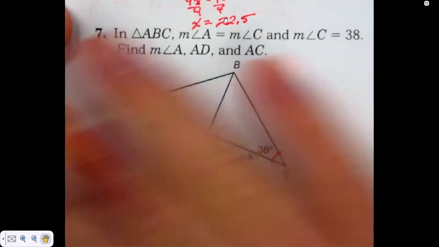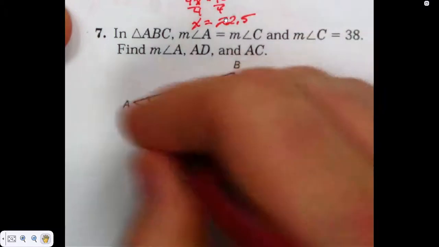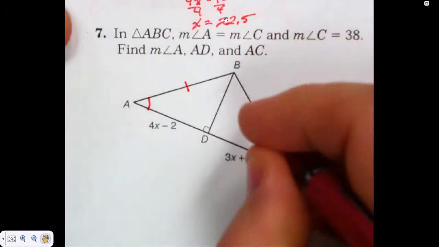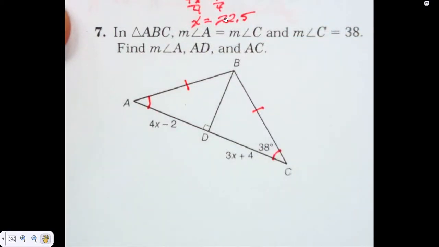What does that tell you right now before you go on? That this big triangle is a what? Okay. The measure of angle C is 38. Find the measure of angle A, AD, and AC.